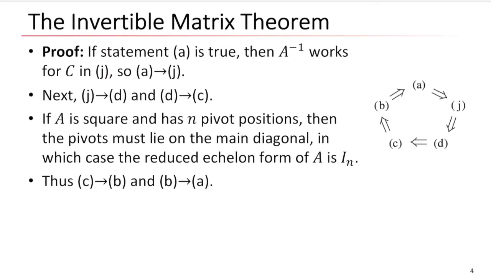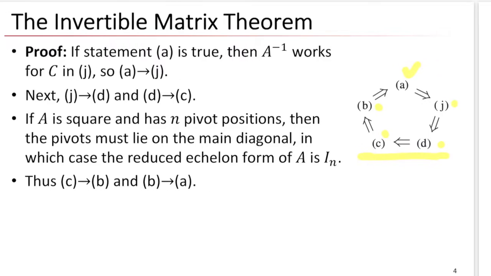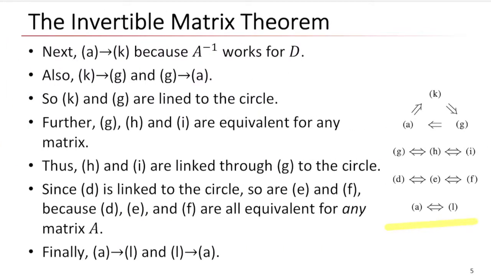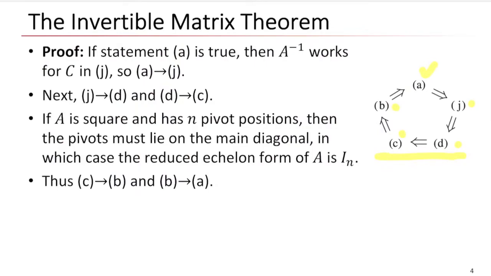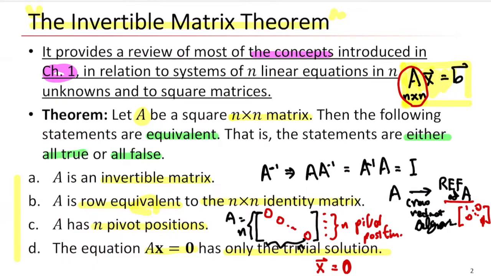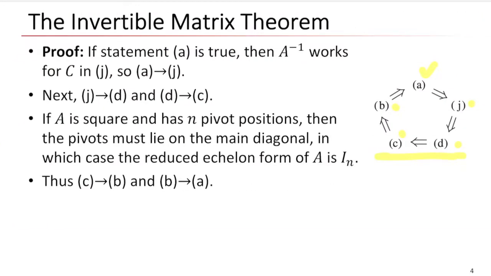Before starting, we want to find some kind of circle, something like this. It means that if statement A is satisfied, then the remaining statements are also satisfied. By finding some kind of chain like this, we can prove every sub-theorem, since every sub-theorem links with each other.